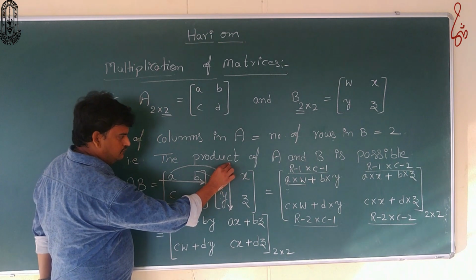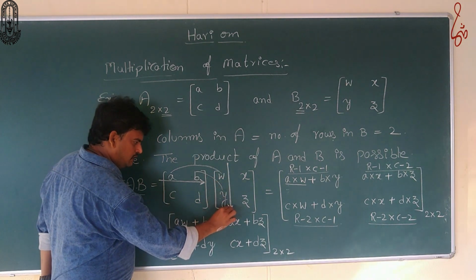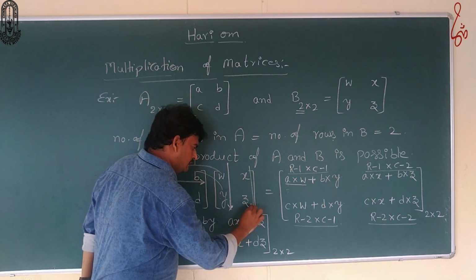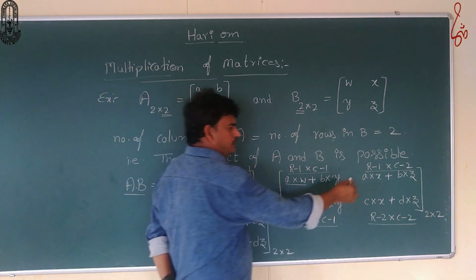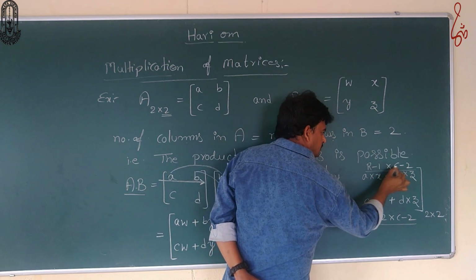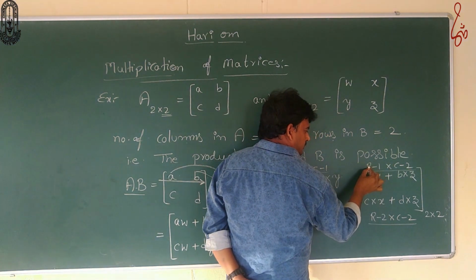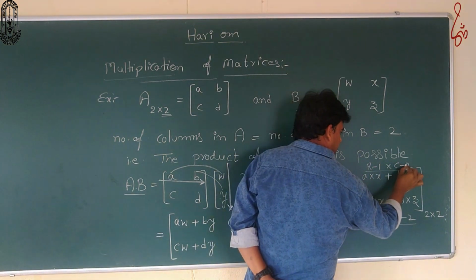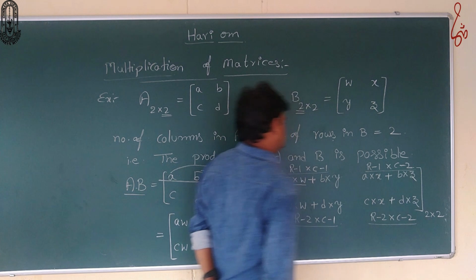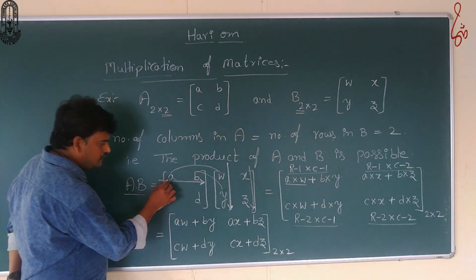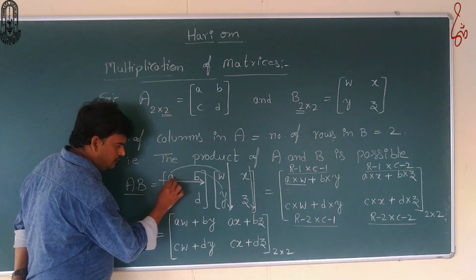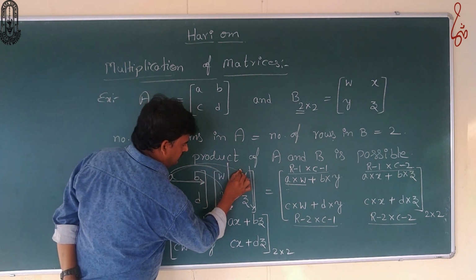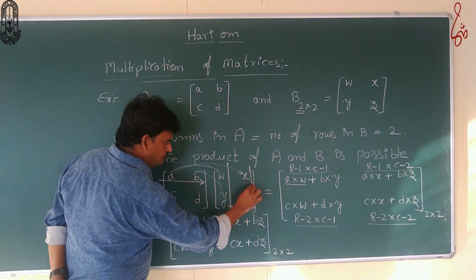So after completion of the product with column 1 elements, then we need to go for column 2 elements. So here we have row 1 into column 2. Whatever elements we have in row 1, these elements should multiply with column 2 elements. Now again, here in row 1 I have the element A. This element A should multiply with column 2 elements.